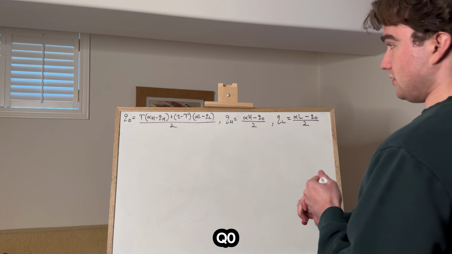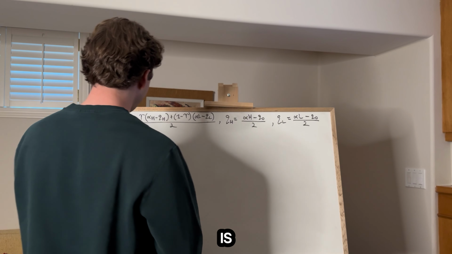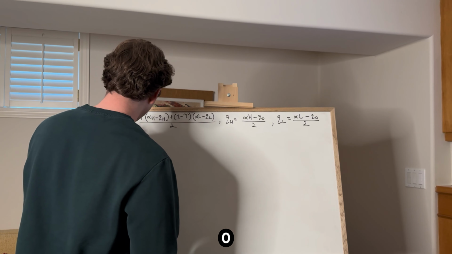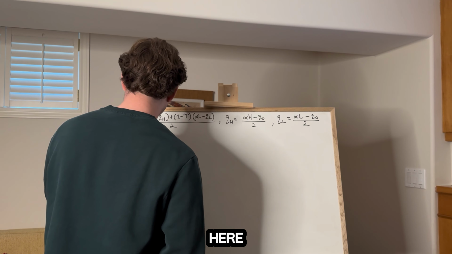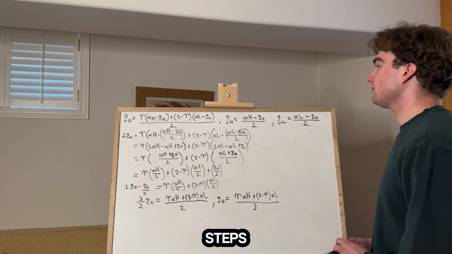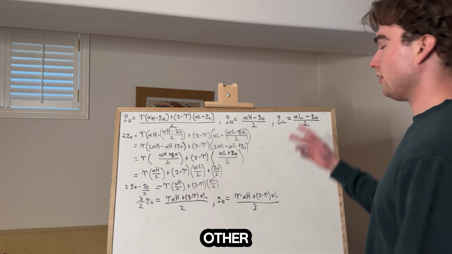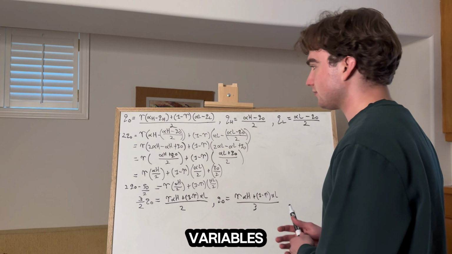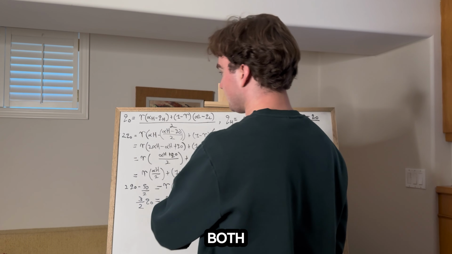So let's start with Q0. First thing I'm going to do is move that 2 to the other side. So we have 2Q0 equals, and then I'm going to sub in each value here, okay? I'm going to explain my steps, and then we're going to solve for the other 2 mystery variables. So I multiplied both sides by 2.